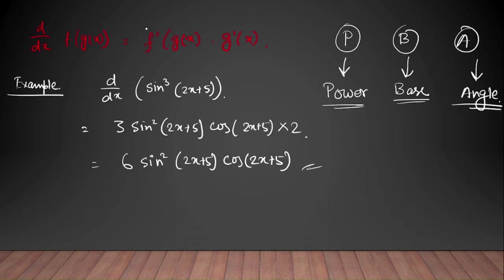Example number 1: d/dx of tan power 5 (7x plus 2). First of all, you have to differentiate tan power 5 of something, a function of x. As you have seen previously, first of all we deal with the power.